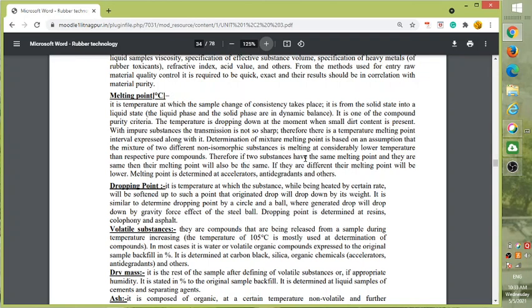Therefore, if two substances have the same melting point and they are same, then their melting point will also be same. If they are different, their melting point will be lower. Melting point is determined for accelerators, anti-degradants, and others.